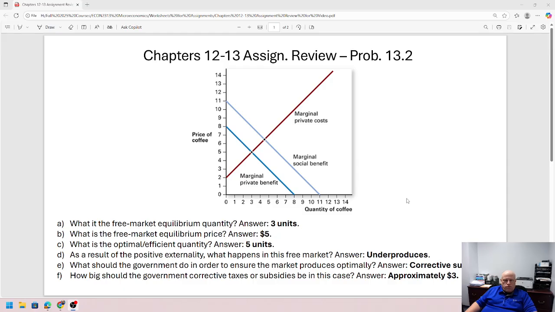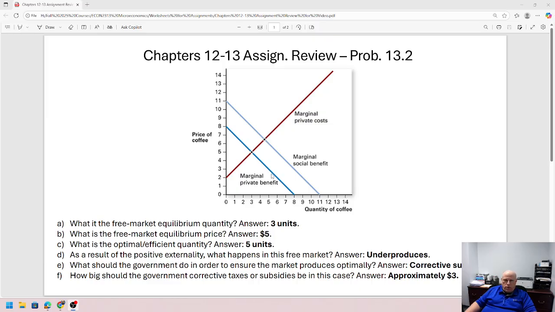The first thing it asked for on part A was, what is the free market equilibrium quantity? Remember, free market is basically private market, so you're looking at the private benefit and private cost. The marginal private cost is this red upward sloping curve, and the marginal private benefit is this darker blue downward sloping curve.